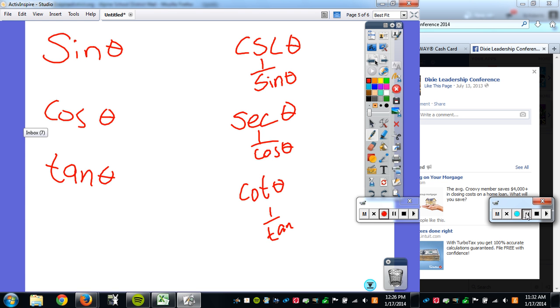Some old hippie caught a hippie tripping on apples. SOHCAHTOA, right? You guys all know that one. So, opposite over hypotenuse, adjacent over hypotenuse, opposite over adjacent. You don't understand? Some old hippie caught a hippie tripping on apples.